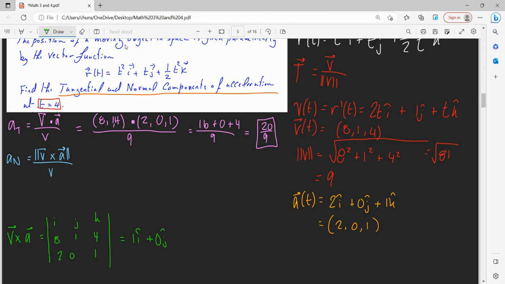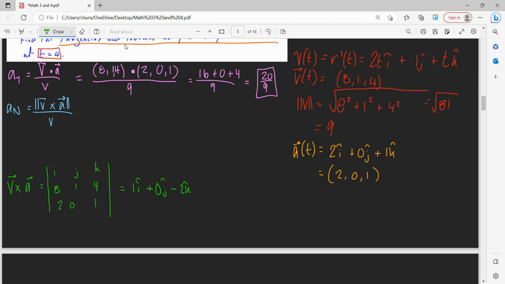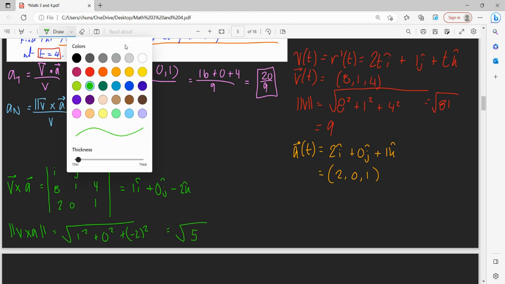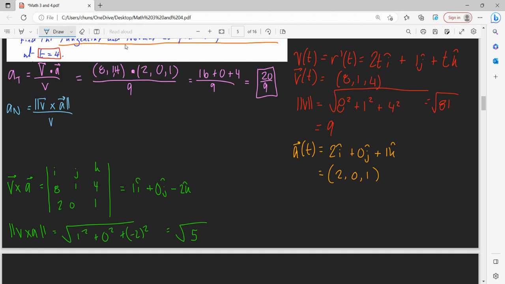And in our k, 0 minus 2. So that's what our cross product is, and when we take the magnitude of that cross product, that's going to be 1 plus 0 squared plus negative 2 squared, so that is equal to square root 5. So let's work that back into our normal component of acceleration, and that's root 5 over 9.